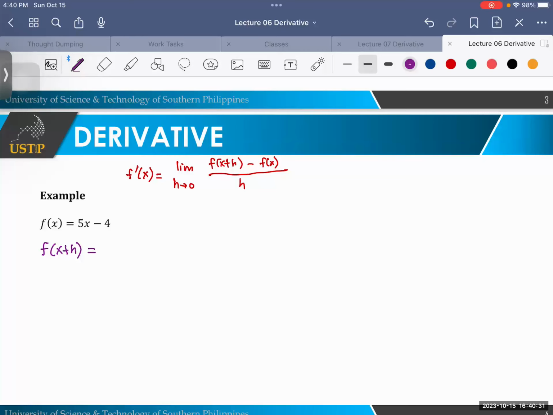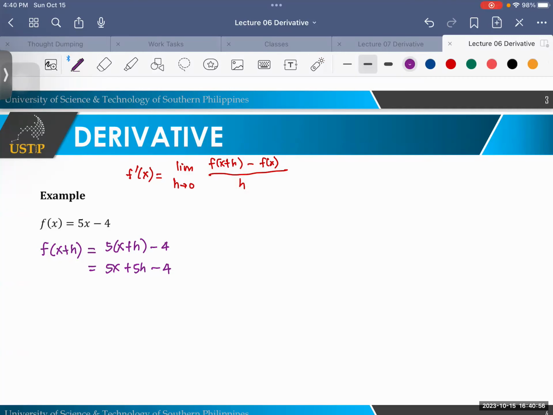That means every x gets replaced by x plus h, as in our first discussion on functions. So we have 5 times x plus h minus 4, which gives 5x plus 5h minus 4. We already have f of x plus h, we already have f of x, and of course the h. So we can get the derivative.